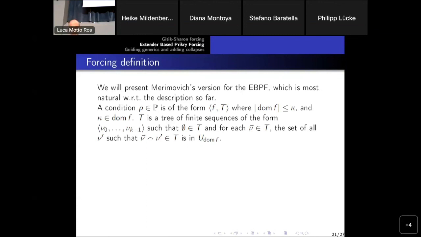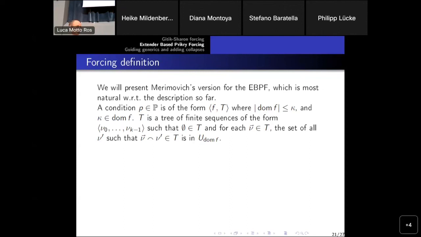So it's going to look like (f, T). f is a condition in the point forcing. T is a tree which is large with respect to some measure. Which measure can it be? It has to be the domain of f. The domain of f, enumerated as an increasing sequence, is going to be exactly the generator of the measure.